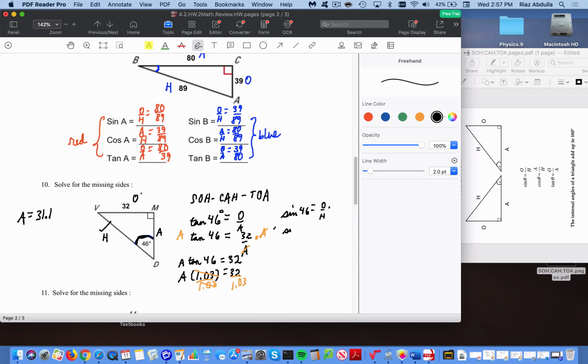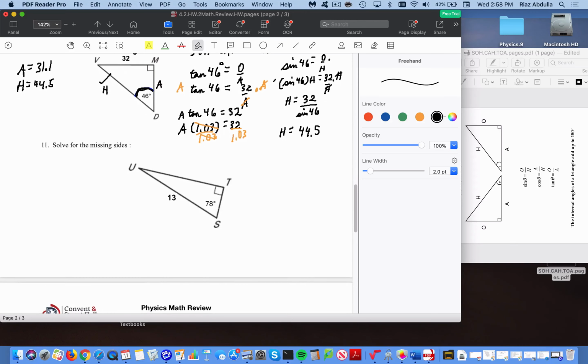So I'm going to rewrite this as the sine of 46 times H equals 32 over H, and I'm timesing this by H as well so that they cancel. And finally, we're going to get H equals, you'll need to do the algebra to prove this, 32 divided by the sine of 46. And so H is going to end up equaling about 44.5. Lastly, on this page, we're going to take a look at number 11.